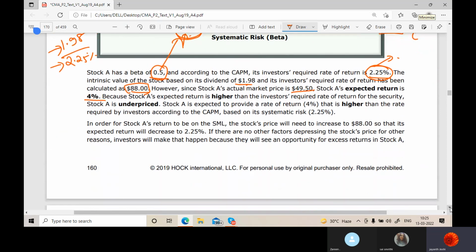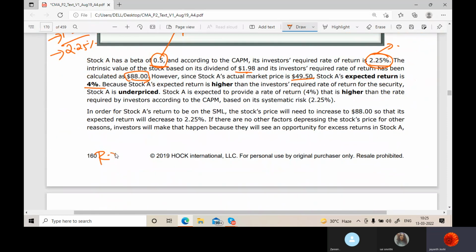The required rate of return is calculated with the CAPM equation. Okay, that means this shows what your required rate of return should be, that is your estimation now. But you know, things would be different in the market in actuality. So in actuality, the market price is 49.50 and the expected return is 4%.